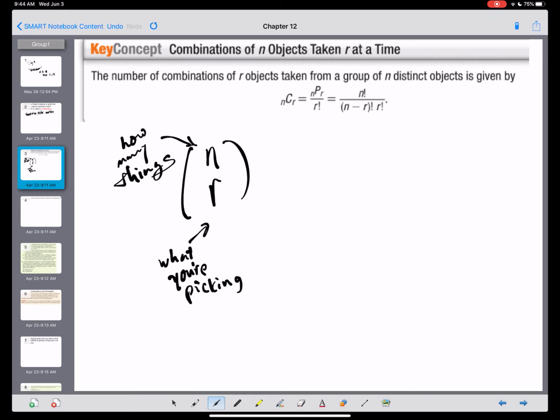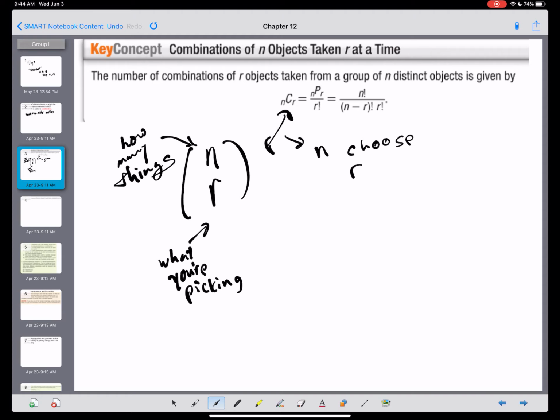I read both of these as N choose R. Remember, for a permutation we don't really use a calculator, we can get away with just making slots, filling them in and using factorials. But for a combination, we really do have to use a formula.